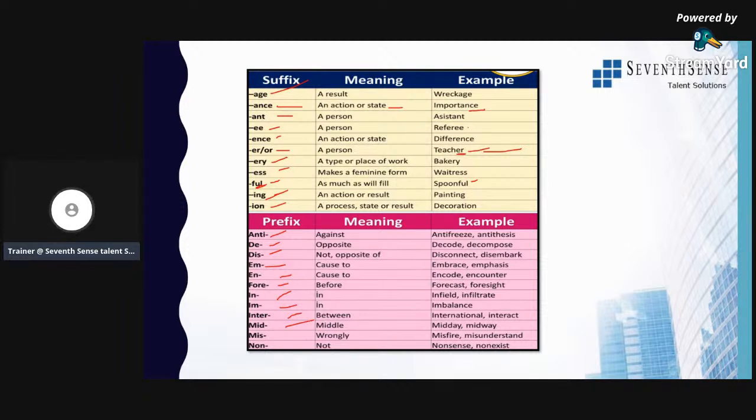At that time you are using such prefixes. Mislead means wrongly, misguide. It is again a negative role, right? Misfire, misunderstood. Non, again it is a not, a negative part. In the prefix part you are finding two types of roles, that is negative and positive prefixes.